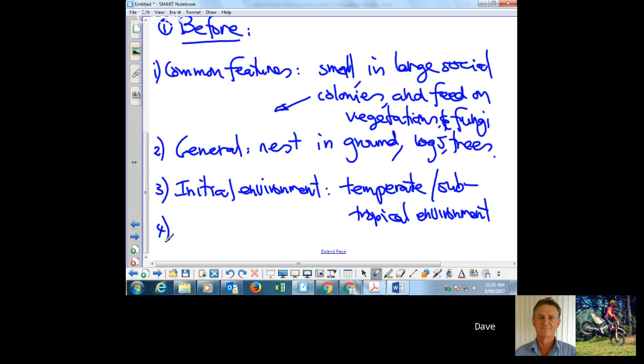Now, the next thing we have is what sort of variations were displayed amongst termites.